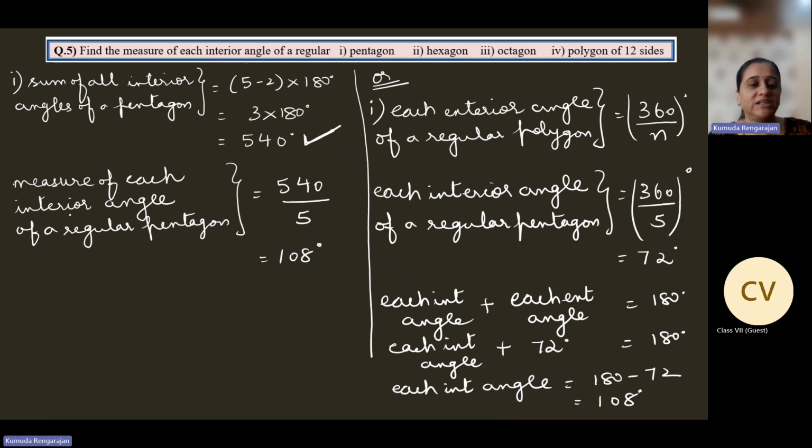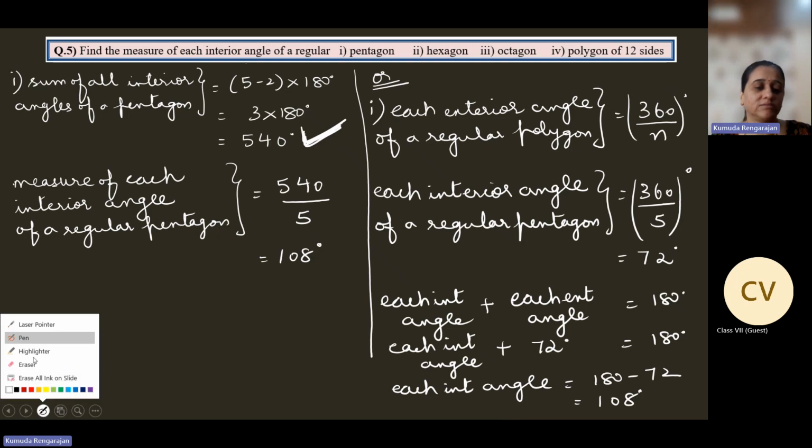So the measure of each interior angle of a regular pentagon: the sum of all the angles is 540, so each one will be 540 by 5, because a pentagon has 5 sides, that means 5 interior angles. So the 5 angles are equal, they'll share this total equally. 540 by 5, which is 108 degrees.